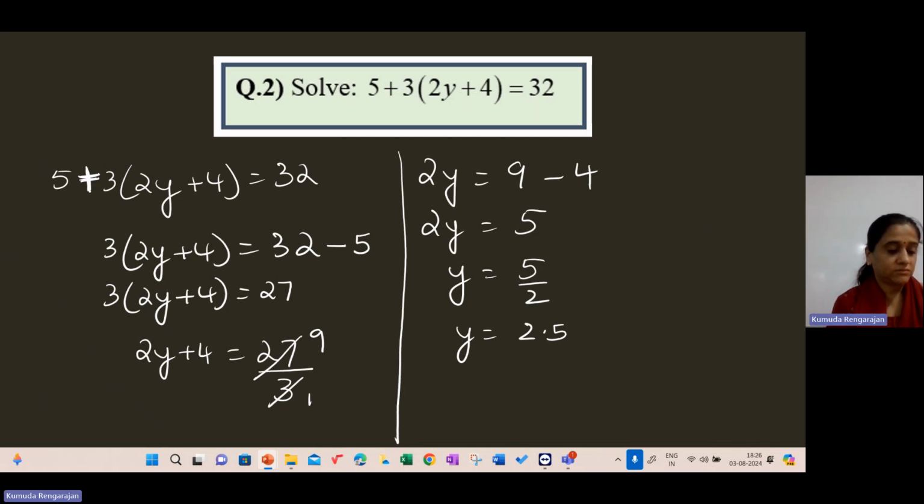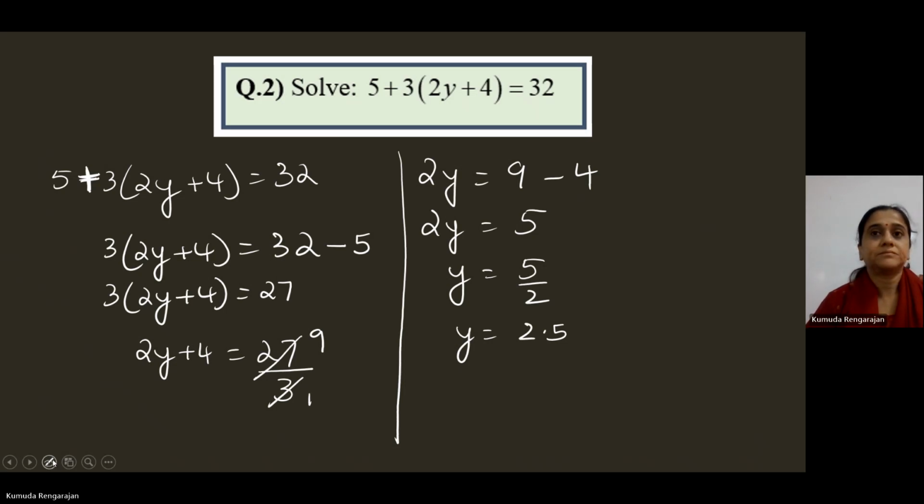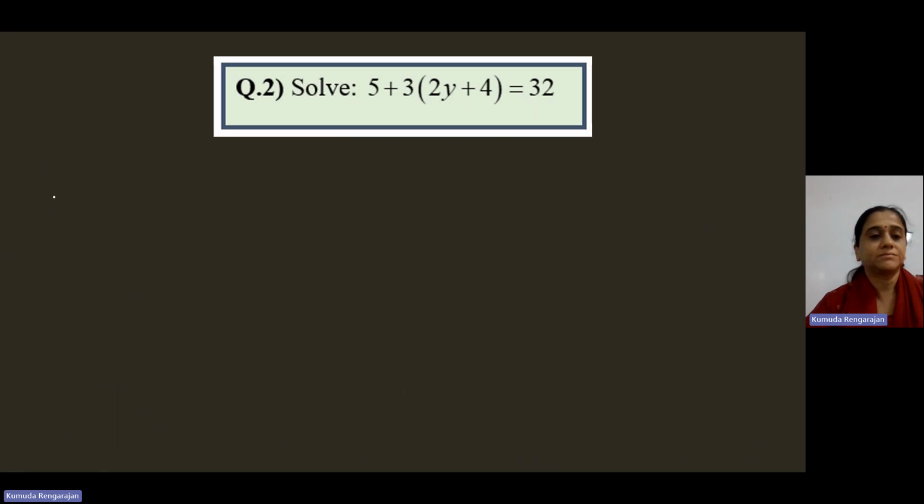Done, children? Finished? Yeah, we'll repeat this. So we have 5 plus 3 into 2y plus 4 is equal to 32. So as we have understood, we need to have y alone on the left hand side.